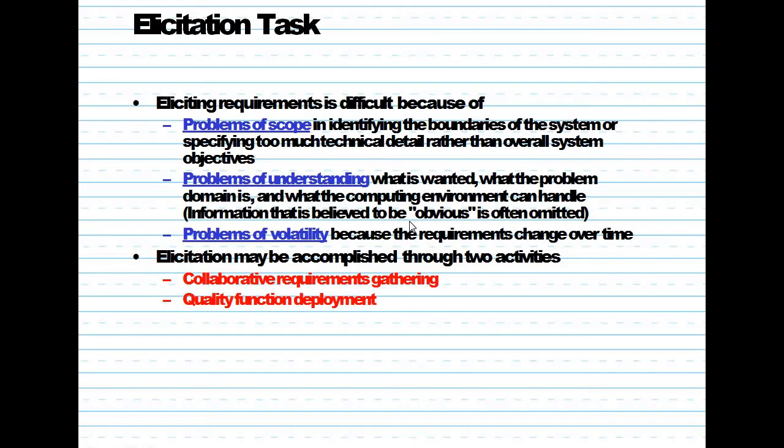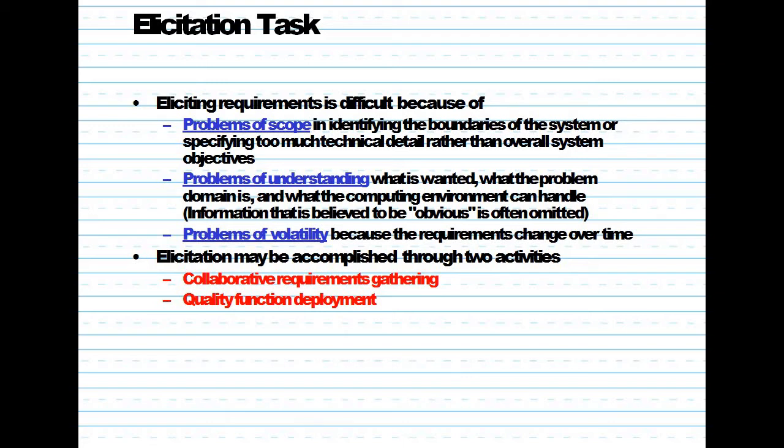So next is the elicitation. Now what about the elicitation task? The elicitation task is difficult because of the problem of scope: identifying the boundaries of the system or specifying too much technical detail rather than the overall system objective.